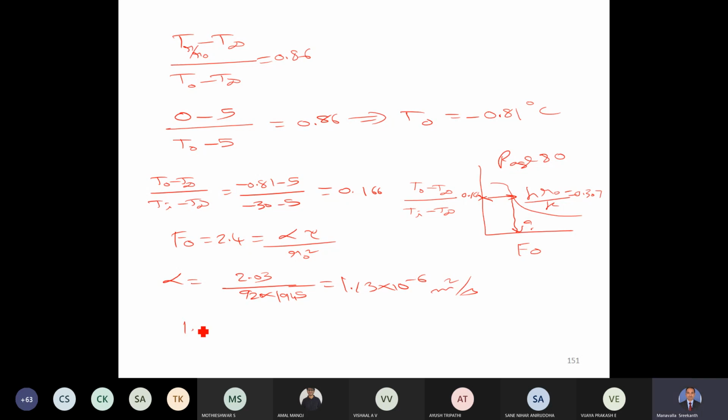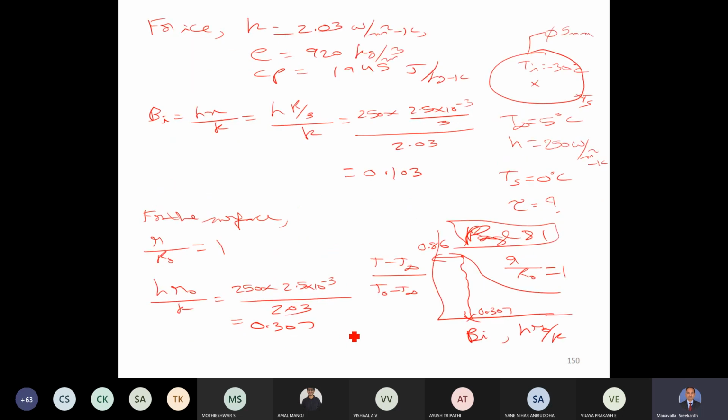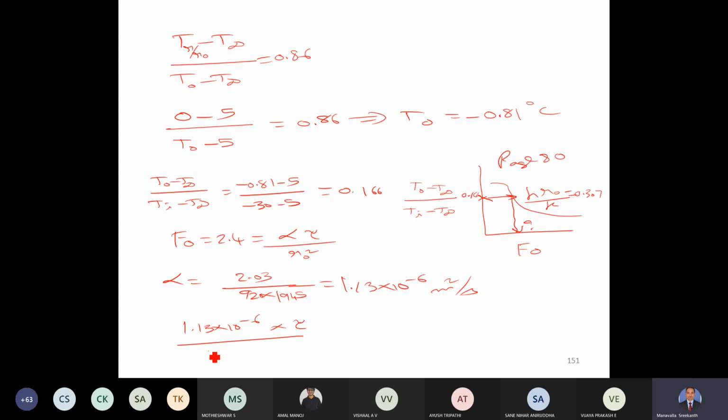So 1.13 multiplied by 10 power minus 6 multiplied by tau, divided by R outer, which is 2.5 millimeters, squared, is the Fourier number, which is 2.4. This implies that we can calculate the time.